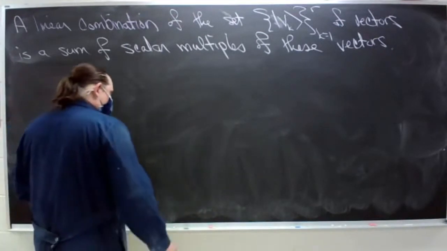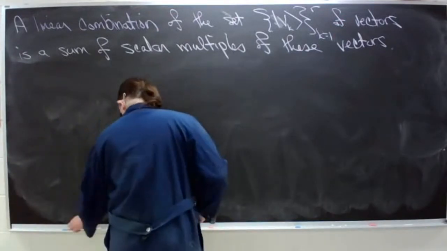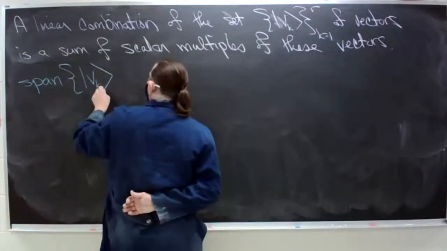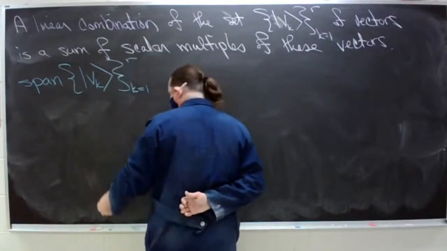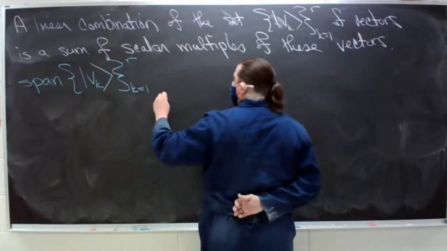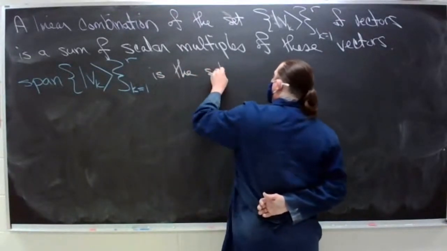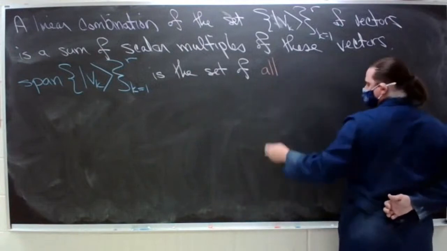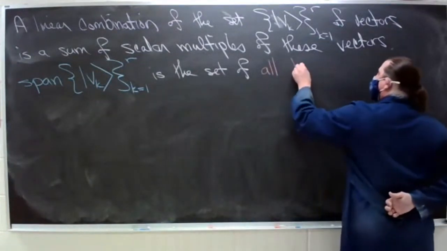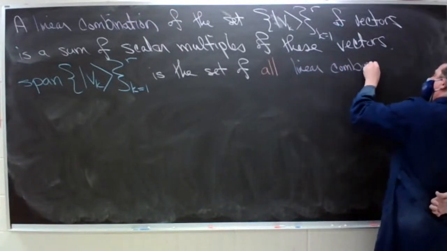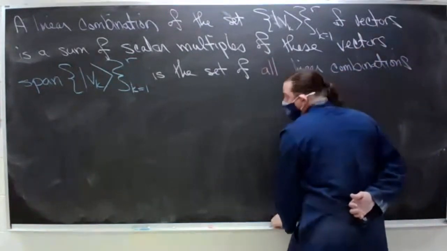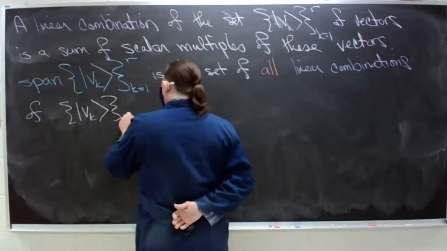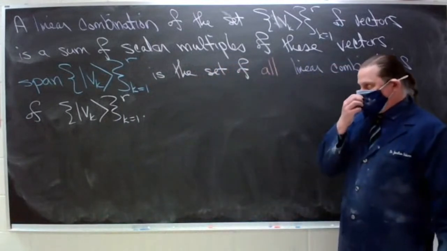All right. The term span of this set of vectors is the set of all linear combinations of these vectors in this set.